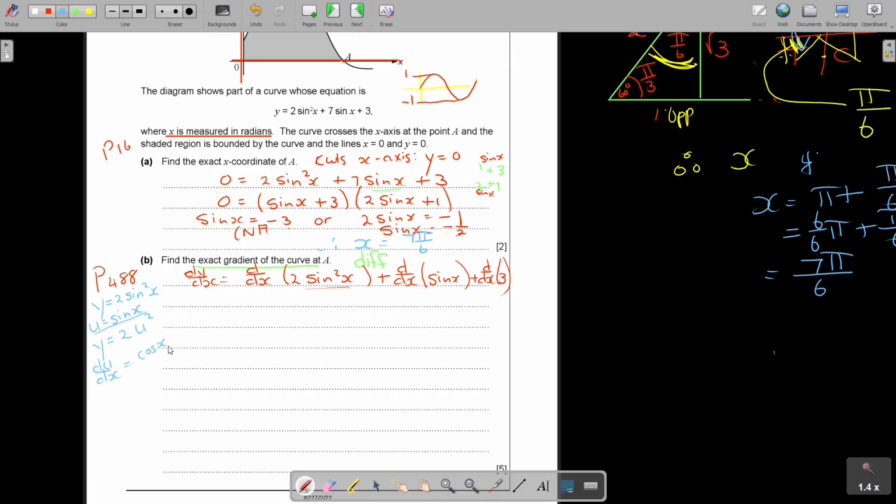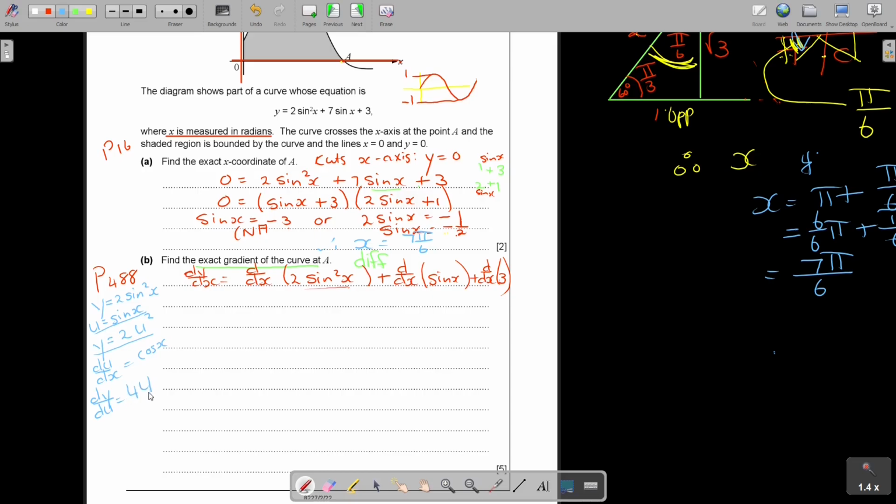Now I'm going to say dy over dx, and that's going to be, no, sorry, my focus is on the incorrect page. So this was du over dx, now dy over du. 2 times 2 is going to be 4u.